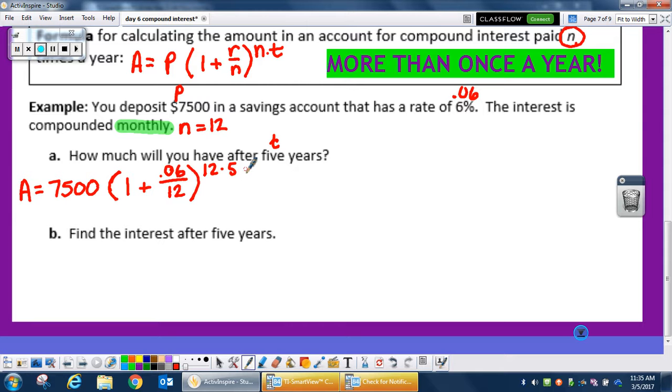Okay, so I will tell you that I like to do this on my calculator in chunks. I would probably do this part on my calculator first and then multiply it by 7,500. So I'll show you what I mean.